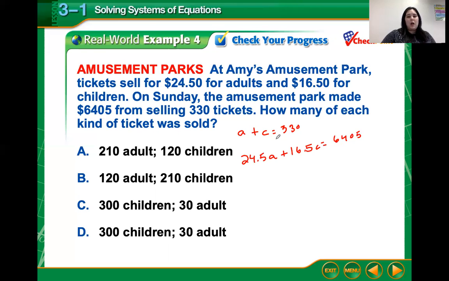So I'm going to solve in terms of C. So I'm going to do A equals 330 minus C. And I'm going to substitute that into this equation.